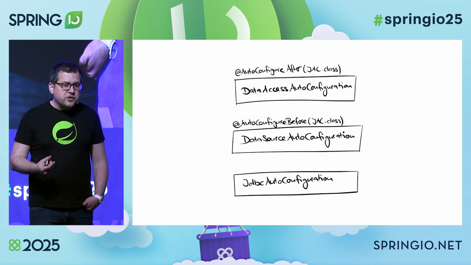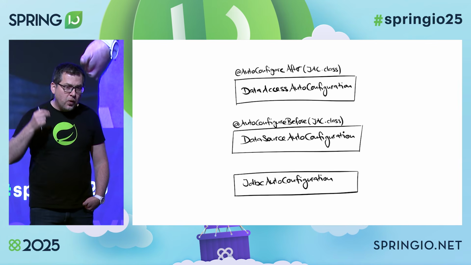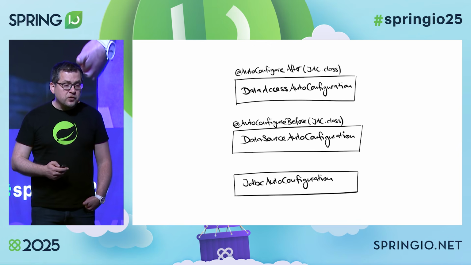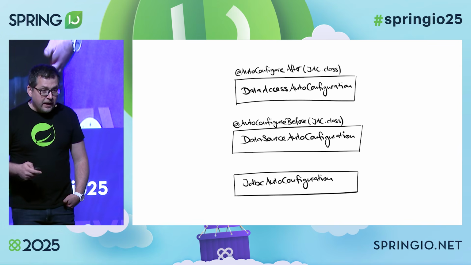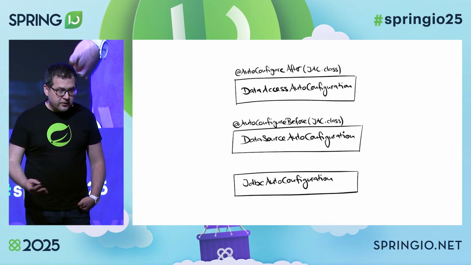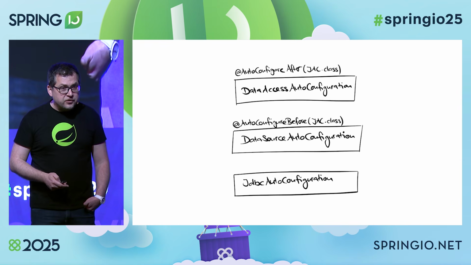They make use of the auto-configure before and after annotations to make explicit that we have a certain order which is mandatory, because otherwise the configuration might not work anymore. That helps us bring structure into auto-configuration. And of course, if I'm going to write my own starter, I can leverage this feature as well.